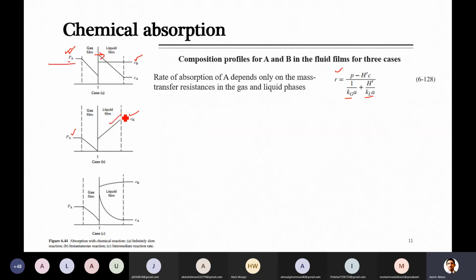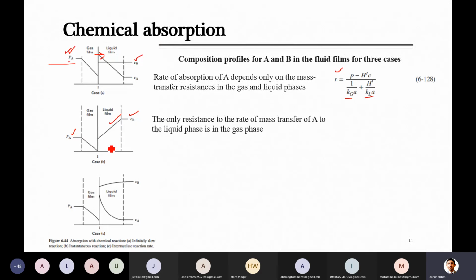Here it is always in excess as compared to the gas molecule which you want to react. So due to this reason it doesn't vanish, its concentration will be there inside the film, and you can see from the concentration line that its amount is higher as compared to this one. This is just to provide an excess amount of this component, so that all of the gas component which you want to react should react here with the liquid.